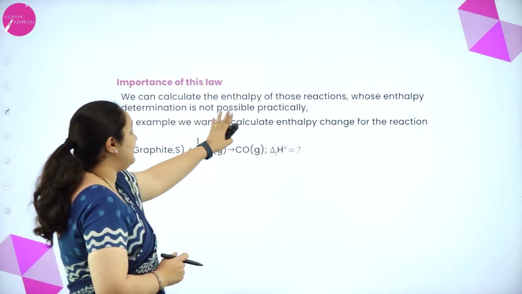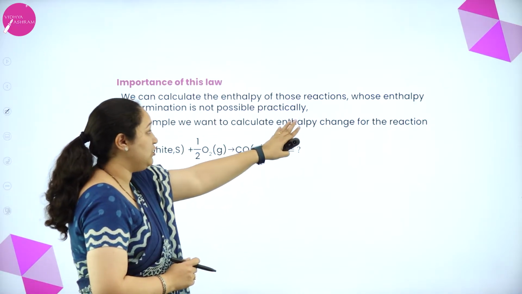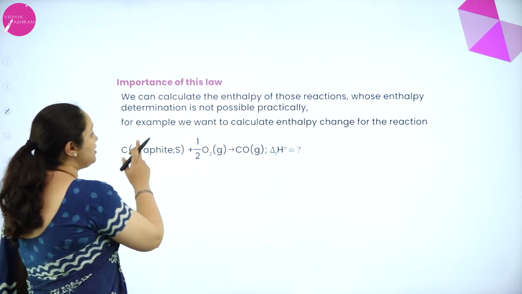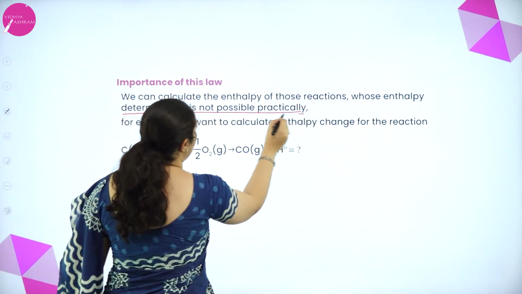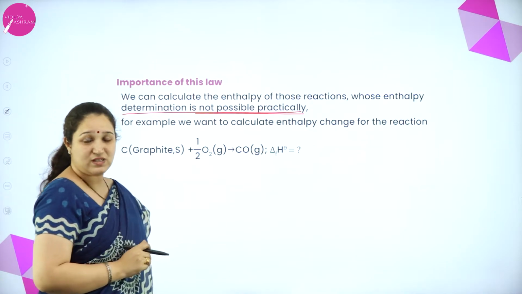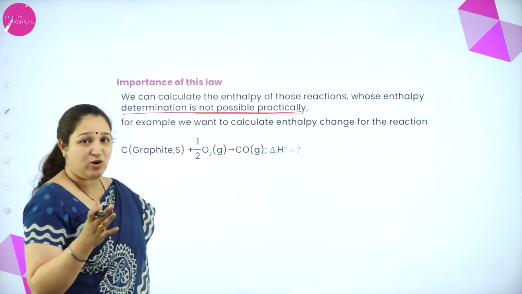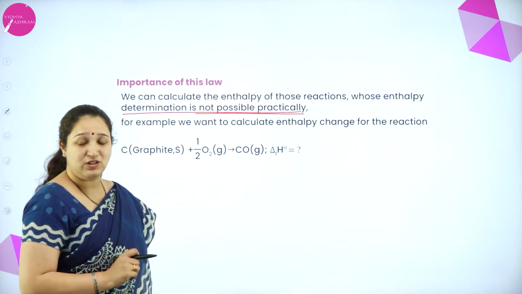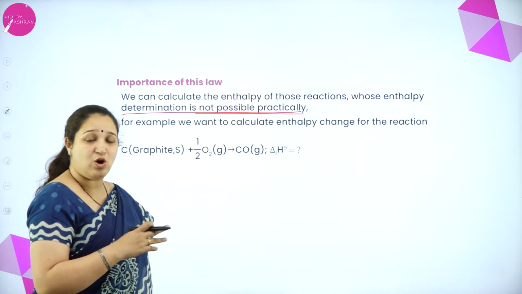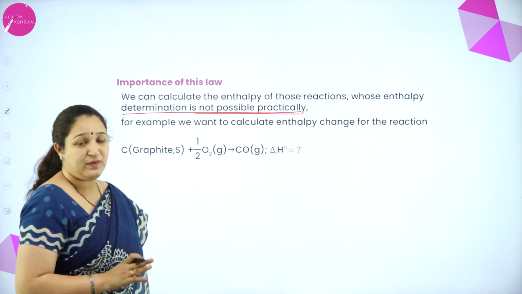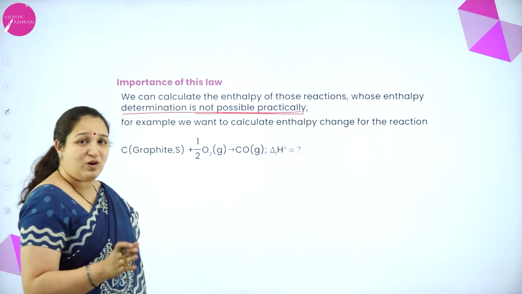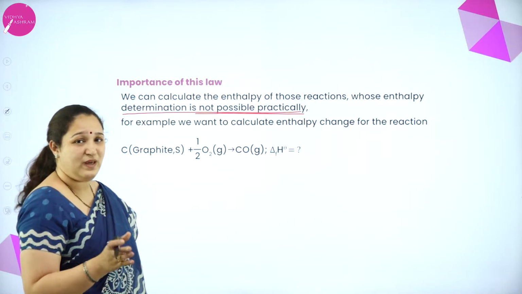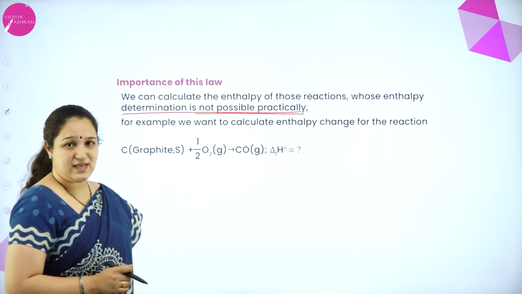We can calculate the enthalpies of those reactions whose enthalpy determination is not possible practically. Practically we cannot find out the enthalpy of that reaction, but using Hess's law we can calculate the enthalpy. How exactly and what does exactly Hess's law mean? We'll understand by taking this example.